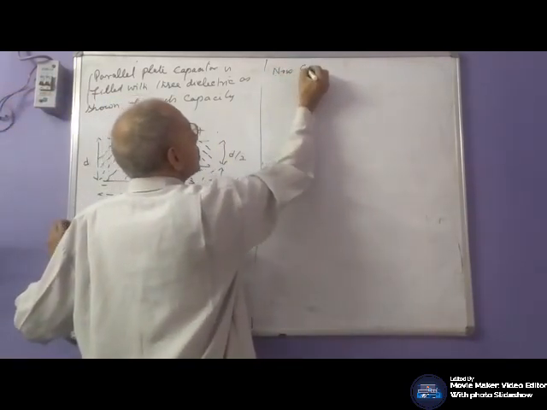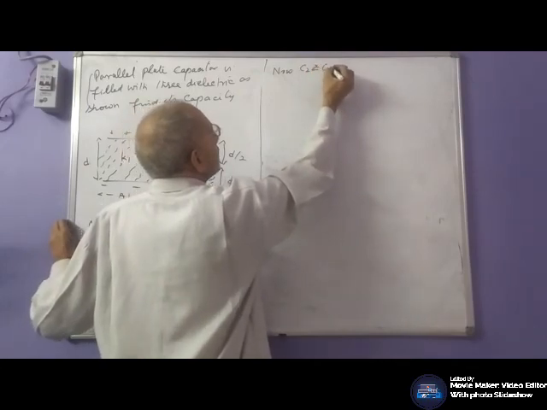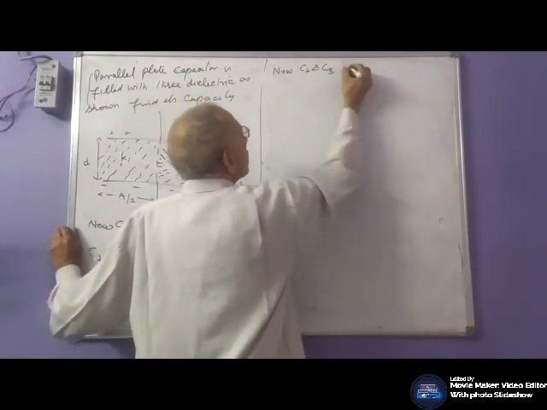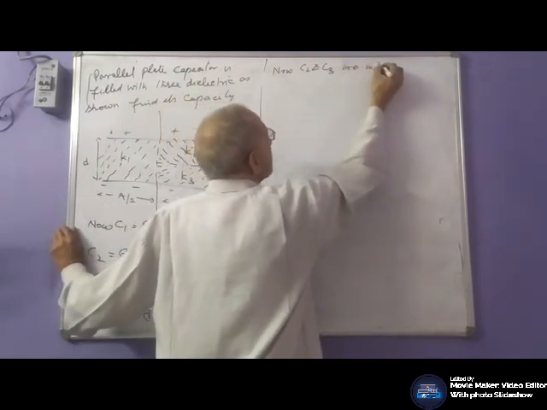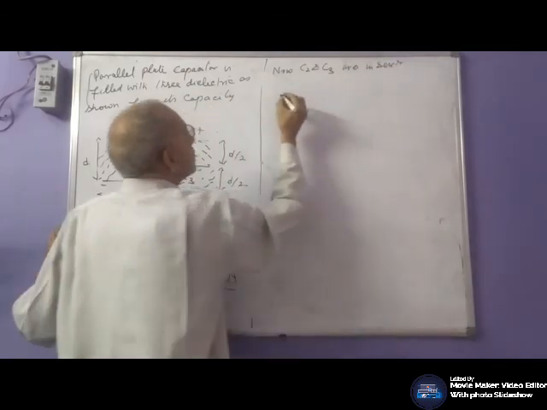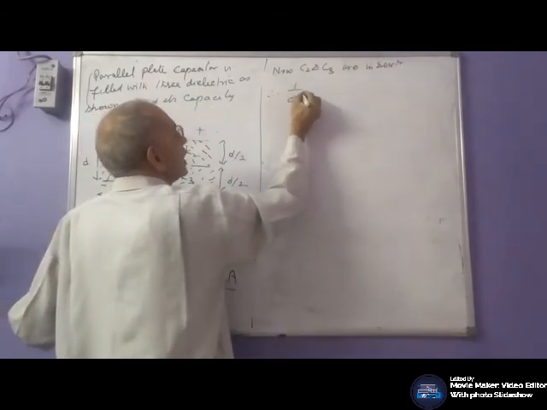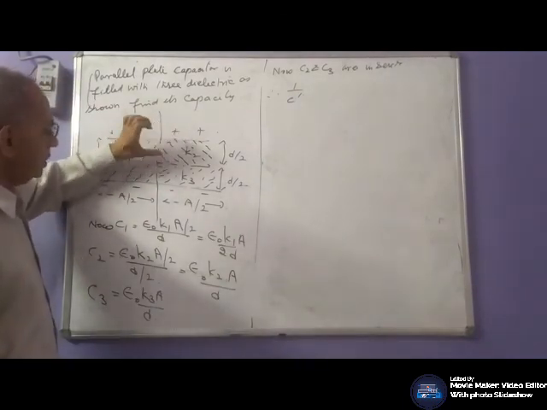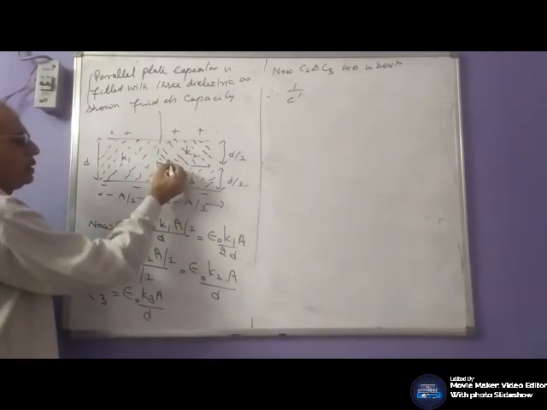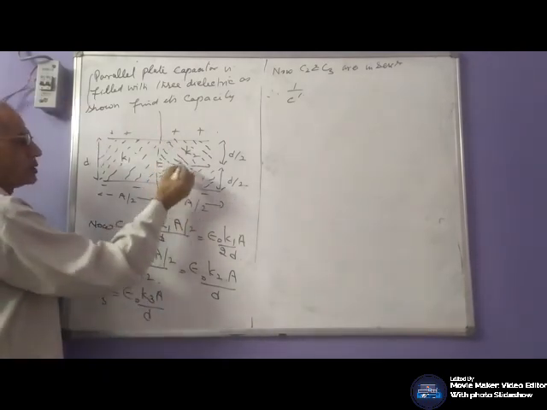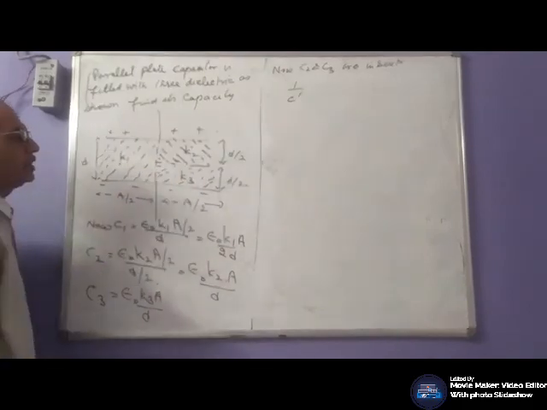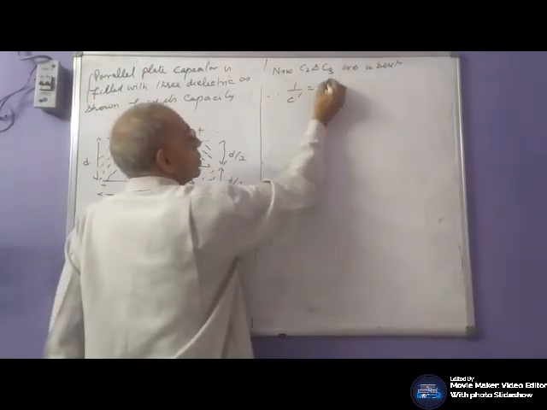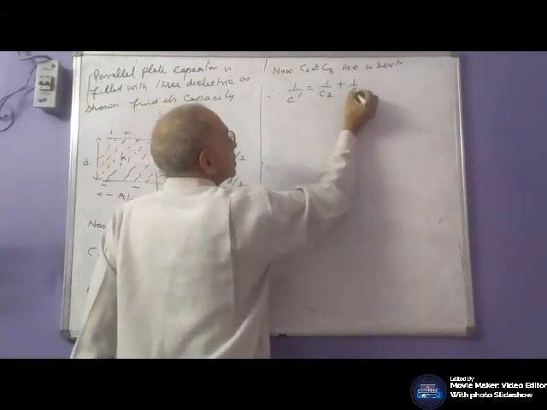Now C2 and C3 are in series. Therefore 1 by C dash, suppose, they are in series. This is plus, here minus, this plus, this minus. This is minus so this is plus, so minus with plus, they are in series. 1 by C2 plus 1 by C3.